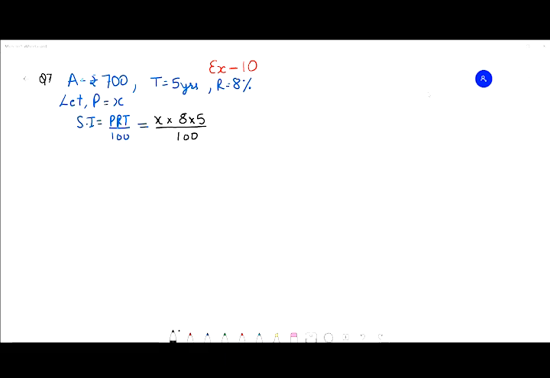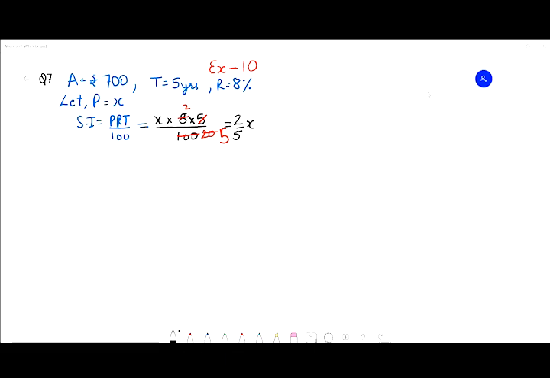Now let us cut all this: 5, 20, 2 times, 4, 5 times. So it will come as 2 by 5 x. Now SI is with us, principal with us.